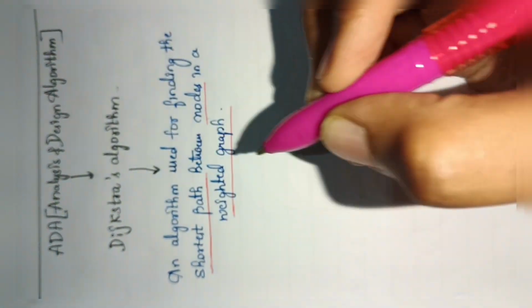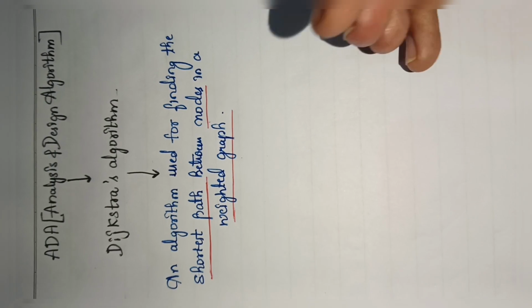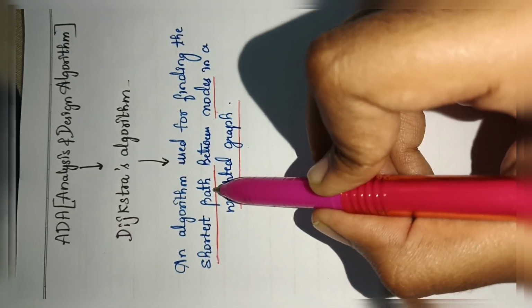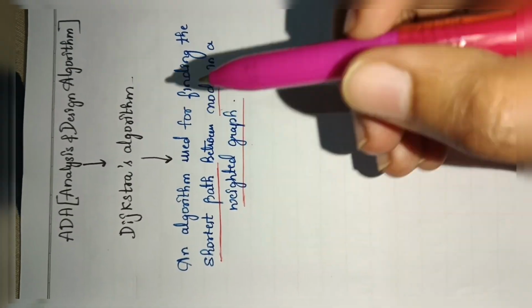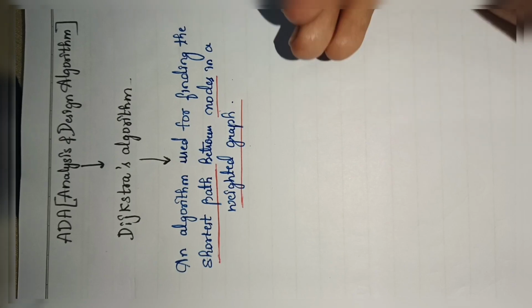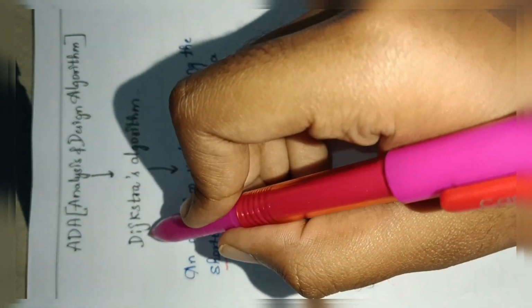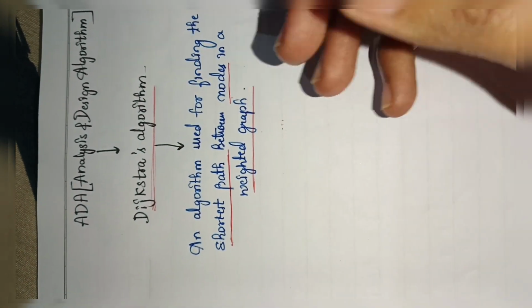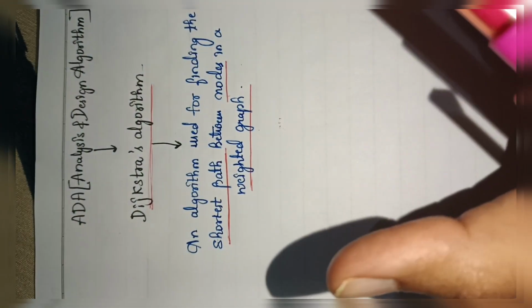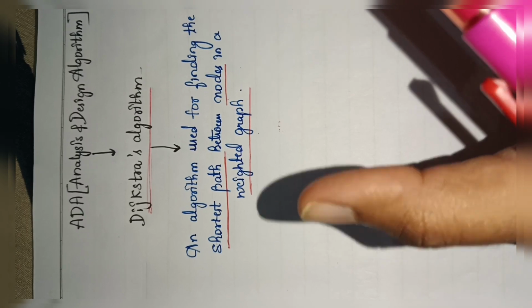This algorithm is basically used for finding the shortest path or shortest distance between any two nodes in a weighted graph. So this is known as Dijkstra's algorithm. We basically use this algorithm for finding the shortest path. You can remember it like that.